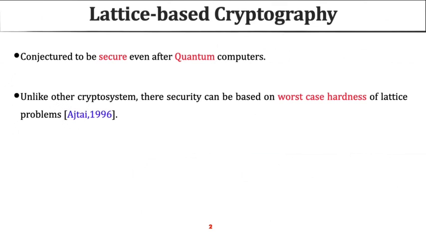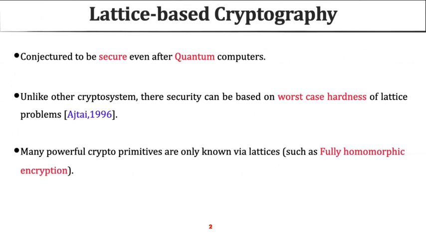We also know that the security of lattice-based cryptosystems can be based on worst-case hardness of lattice problems. Usually when we design a cryptosystem, its security is based on average-case hardness. But in lattices, we have a reduction from average-case hardness of a problem to worst-case hardness. This is a very special property which is known only for lattices.